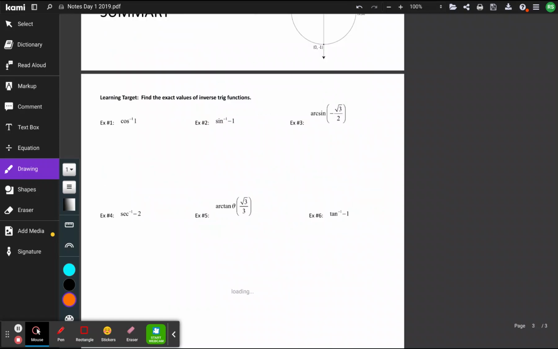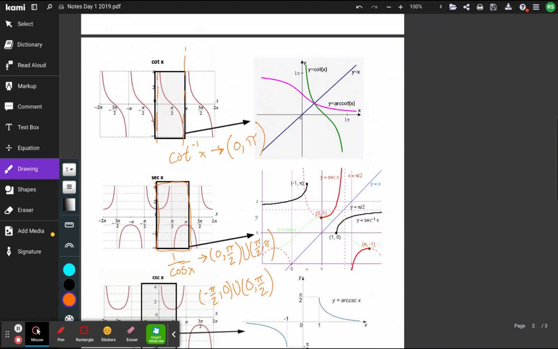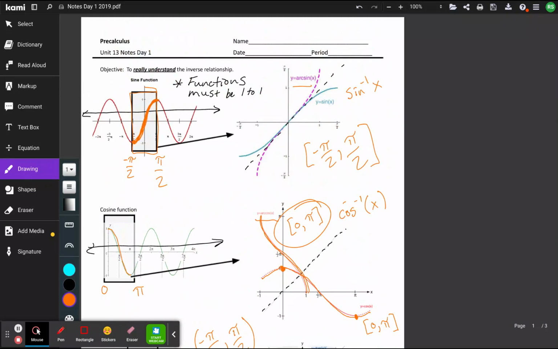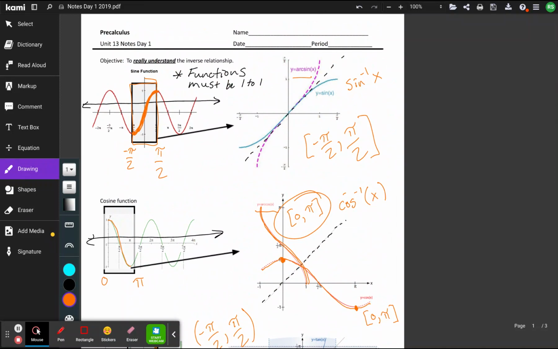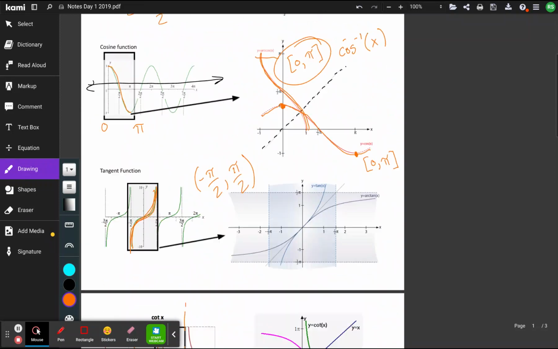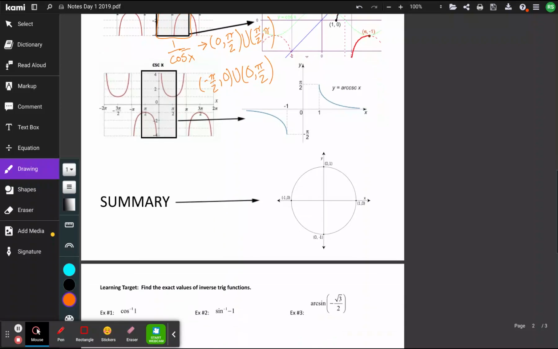So we're going to get into evaluating our trig functions, and the biggest thing here to keep in mind is what the inverse function does. So I tried getting to restricting the domains, the different windows that we're looking at, out of the way first so you can mark up your notes.